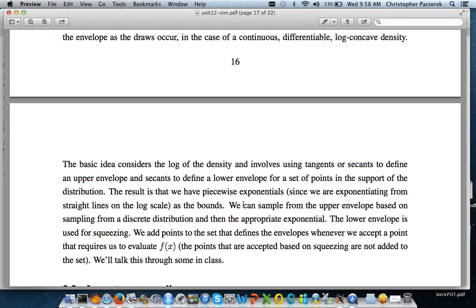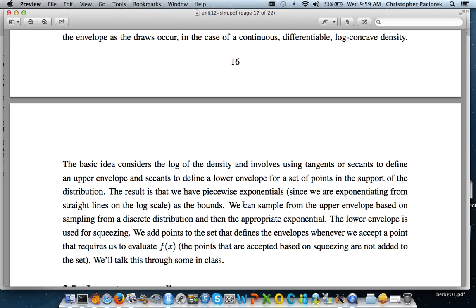Suppose this was x0, x1, x2, x3, and the set s was this set of points. If I end up accepting a point that's in this region here, that I had to get to the second step to determine that I could accept it, then I'm going to add this x to this set of points s.